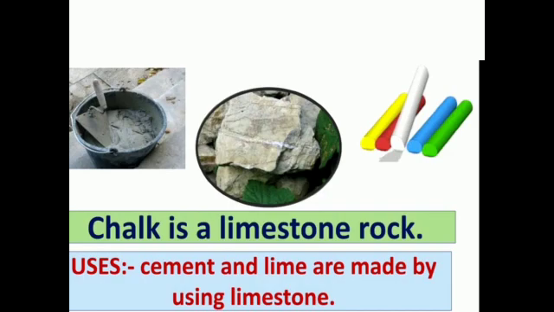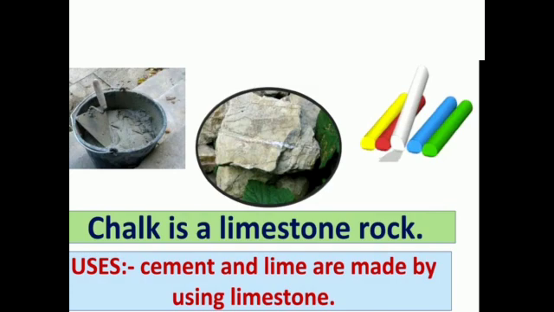Cement and lime are made by using limestone. Do you know? Chalk is one form of limestone. Limestone is used for making bricks and glass and for separating pure iron metal from its ores.